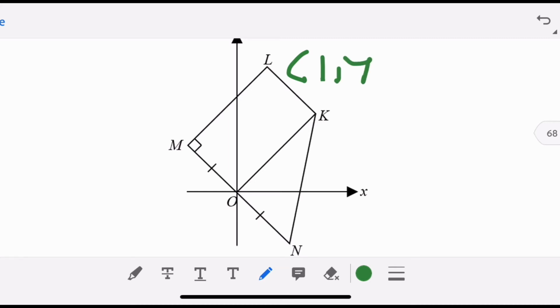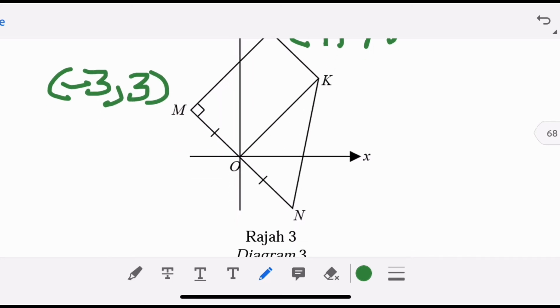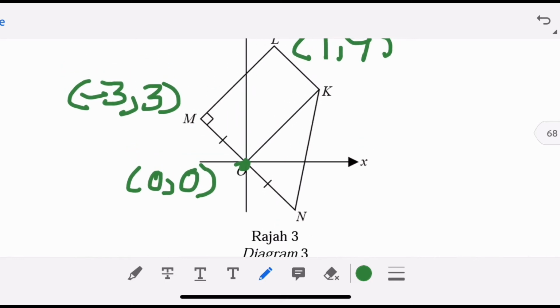17 for point L, and we actually found the m, negative 3, 3, and hence we can say that based on the midpoint given, we can find the n first.